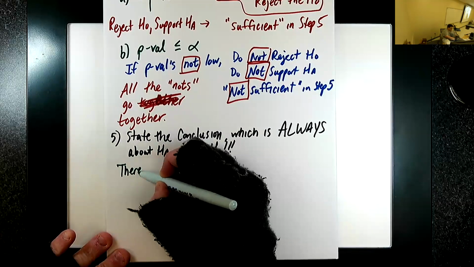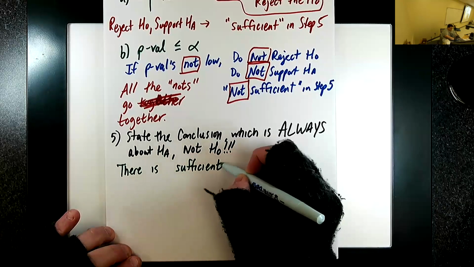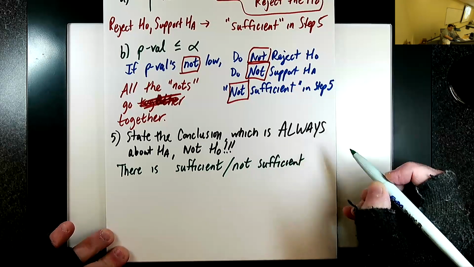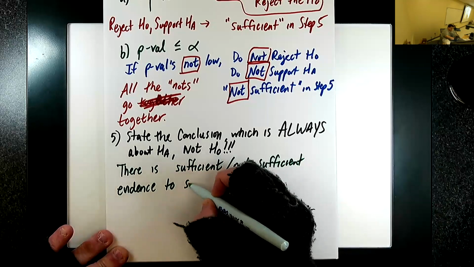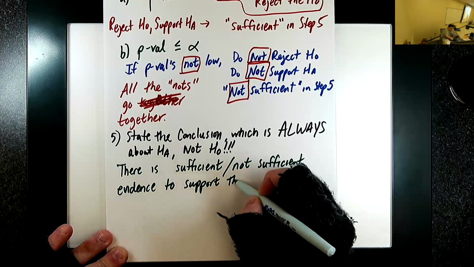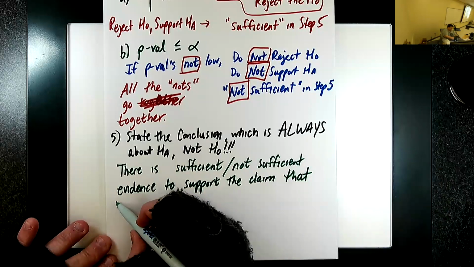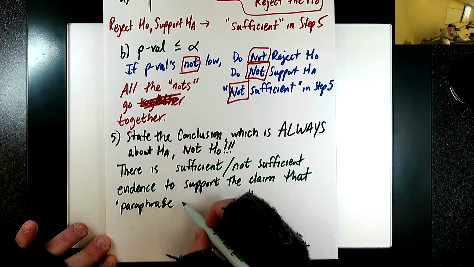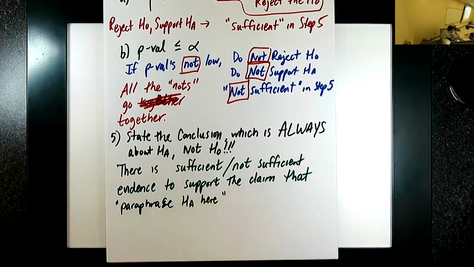There is sufficient or not sufficient evidence to support the claim that, and then you will paraphrase HA here. Or just copy, you can almost sometimes just copy it word for word from the question.